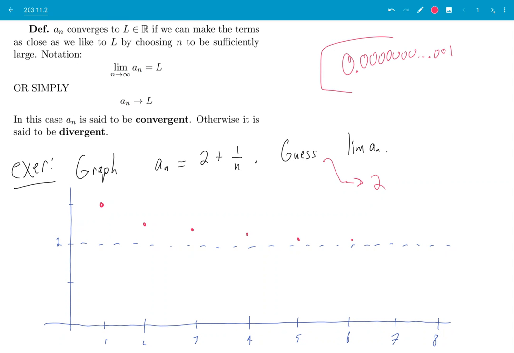I want to be within this distance of 2. Well, I can get that close just by choosing n to be sufficiently large. Okay, it's going to be possible. Okay, a bit more folksy definition is just to say, well, the sequence is approaching 2.